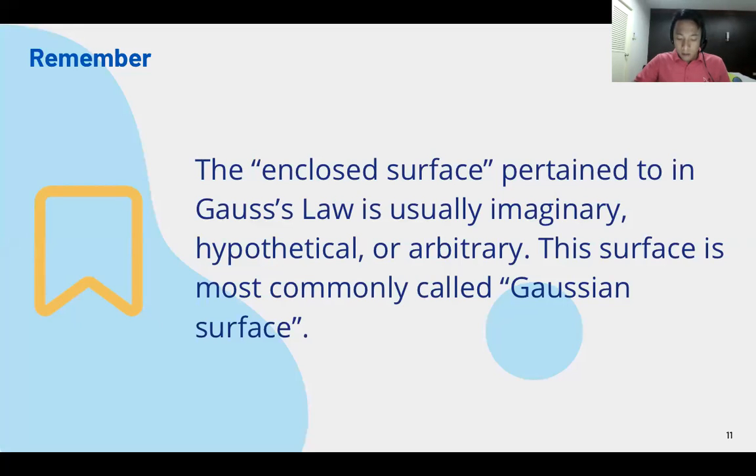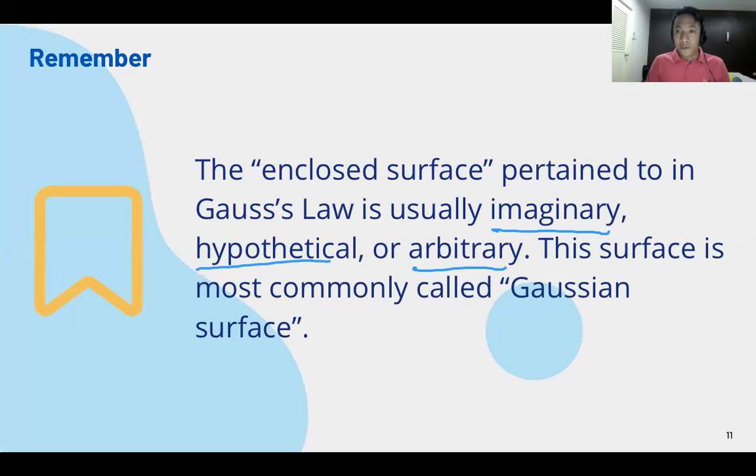The enclosed surface pertained to, in the Gauss's law, is usually imaginary. Hindi namang pagkat sinabing 3D ang ating pinaka-main source ng ating formula, eh, this one is visible. No, this one is only imaginary, hypothetical, or arbitrary. Kumbaga, you are just imagining.